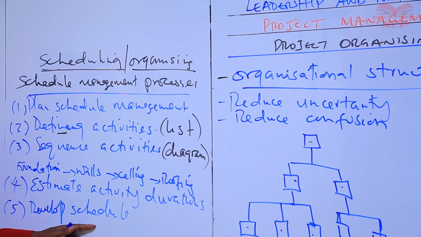And we can also say that it is an output of a schedule model that presents linked activities with planned dates, durations, milestones, and as well as resources.